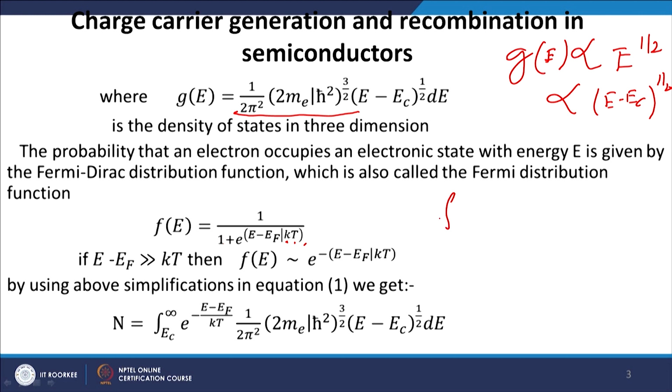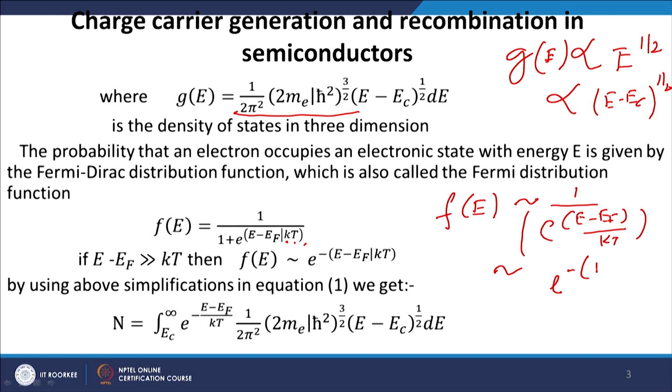So, we can approximate F(E) in this limiting situation as 1 by e to the power (E minus Ef) by kT, or we can write it as e to the power minus (E minus Ef) divided by kT. That is what we have written here: F(E) is e to the power minus (E minus Ef) by kT.